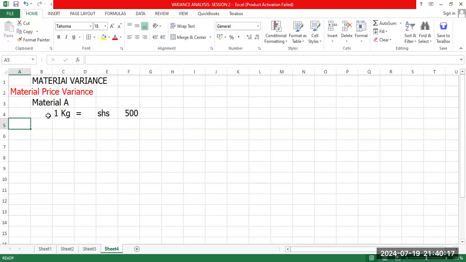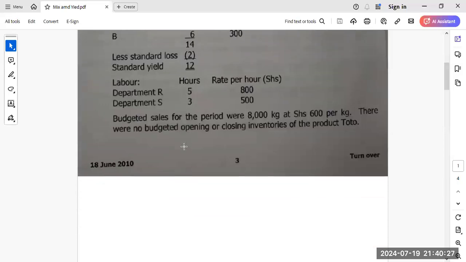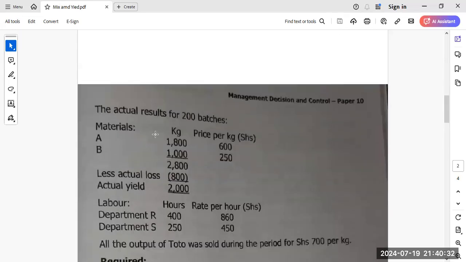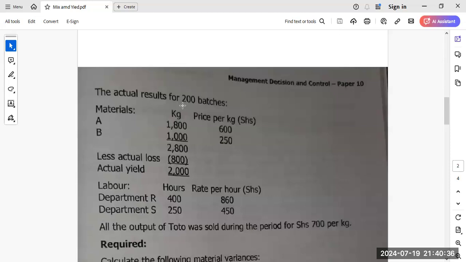Then ask yourself, how many kgs do you actually use? Go to actual information. That's where you are going to find actual kgs. And they are saying that the actual results for 200 batches, material A, it is 1,800.